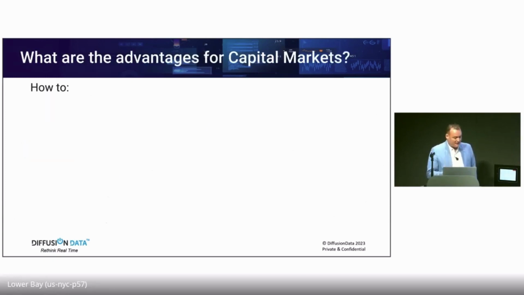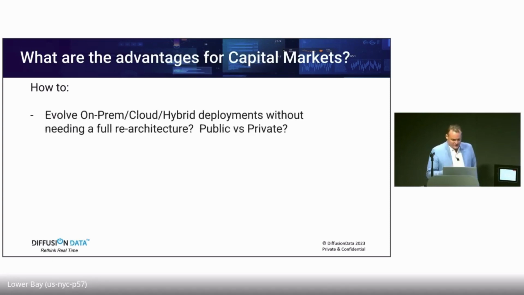So what are the advantages for capital markets in terms of moving the market data up to the cloud? First of all, how do we evolve the on-premise and then the cloud and indeed the hybrid deployments without having to do a full re-architecture? Do we use the public cloud? In fact, we're working with a tier 1 bank who is building their cloud strategy, but the CISO has put a hold on it because it's public infrastructure.